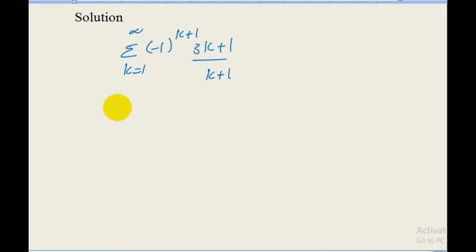Here the general term ak is equal to 3k plus 1 upon k plus 1.